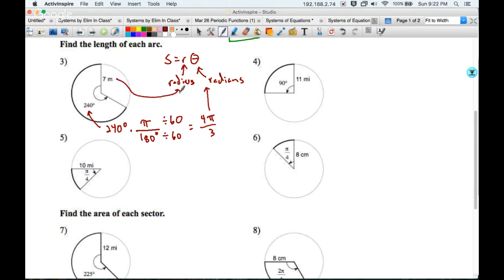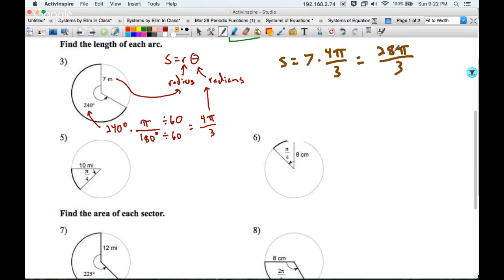Radius is going to be 7, giving us S equals 7 times 4 pi over 3, which equals 28 pi over 3. That can't be simplified, so that is our length, but then let's look back. It's a length, so we have to figure out the correct units. It's meters, so meters for number 3 there.